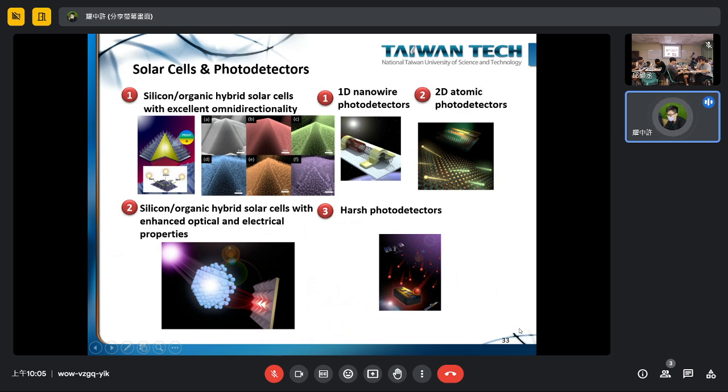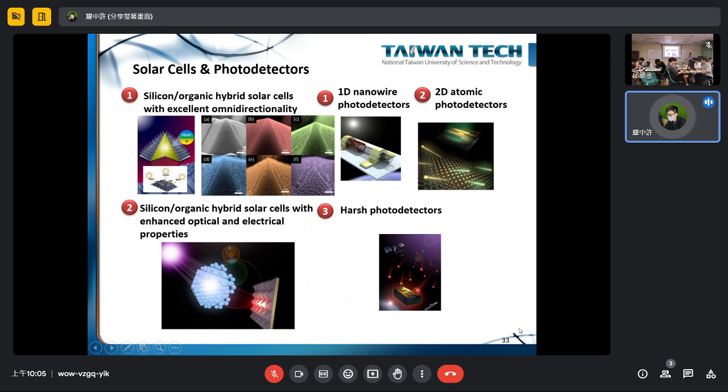I also spent some time on 1D nanowire devices, or 2D atomic photodetectors. And we also try to use some III-V materials, for example aluminum nitride or silicon carbide, to make harsh photodetectors. Harsh means that your device is more robust.